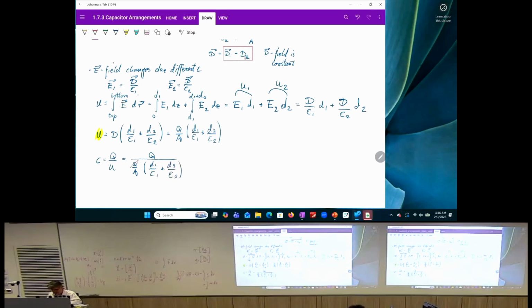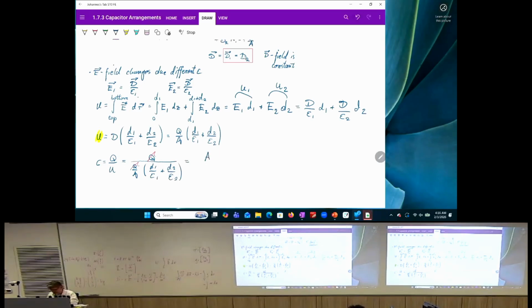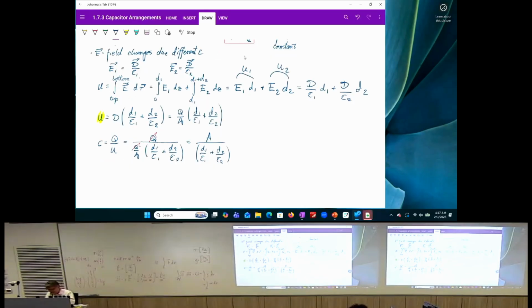You see that Q canceled out. So we have remaining A over d1 over epsilon 1 plus d2 over epsilon 2. And this is our capacitance. Just copy it down again. This is a formula for the capacitance where we have two material slabs in a series configuration.